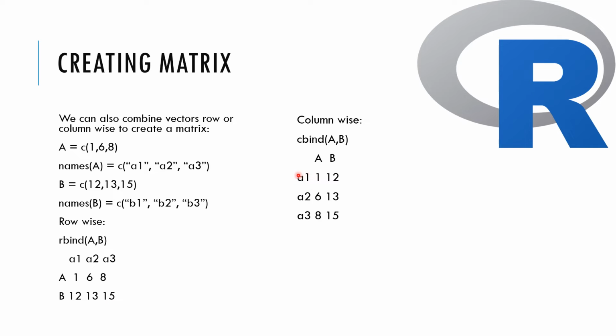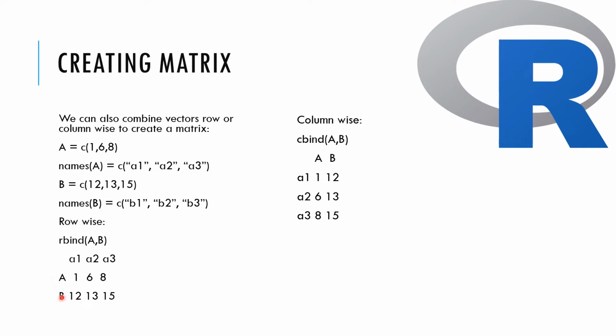Here again we see that it has picked up the names of the first vector because we placed it first here. Had we used B as the first column, then it would have picked up the names of the B vector, so it would have been b1, b2, b3.